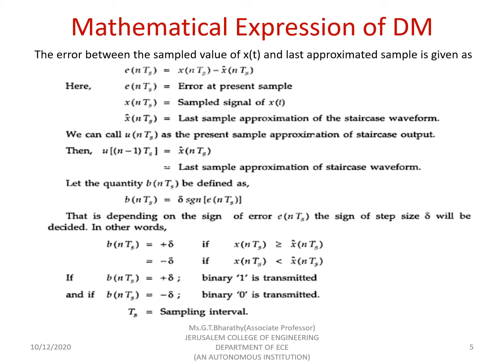You know that the signum function can be either +1 or -1. So the output will be plus delta if x(nTs) is greater than x cap(nTs), and minus delta if x(nTs) is less than x cap(nTs). If the output is plus delta, then binary number 1 is transmitted. If it is minus delta, then 0 is transmitted. So a single bit, either 1 or 0, will be transmitted for each and every sample.